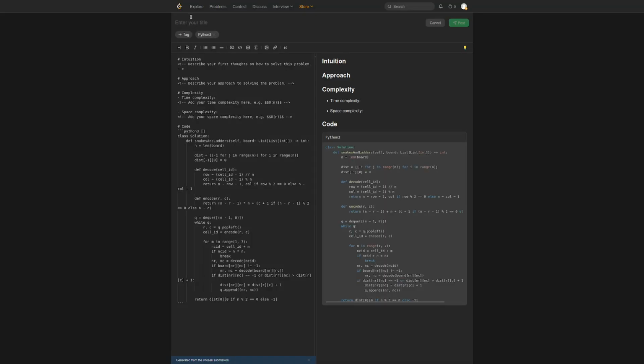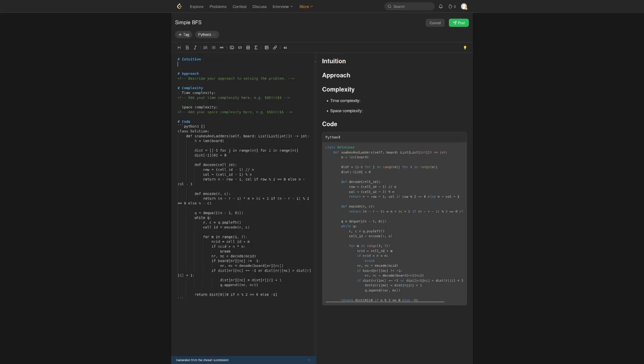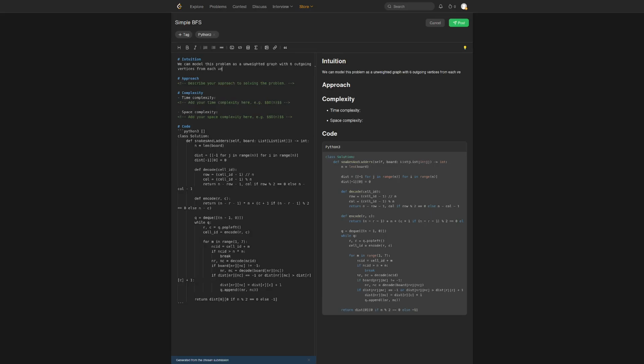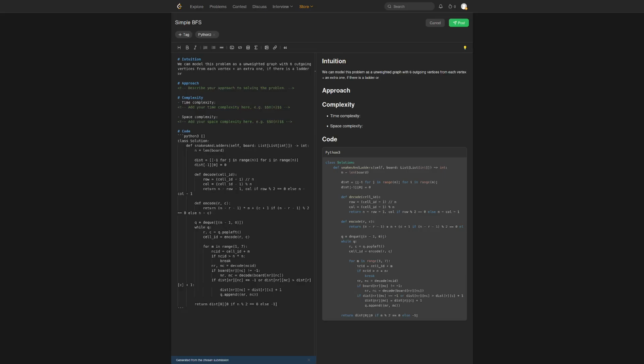Solution. This problem is a graph. We can model this problem as an unweighted graph with 6 outgoing edges from each vertex plus an extra one if there is a ladder or snake.